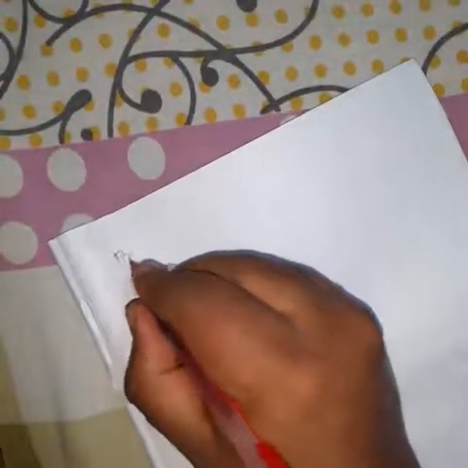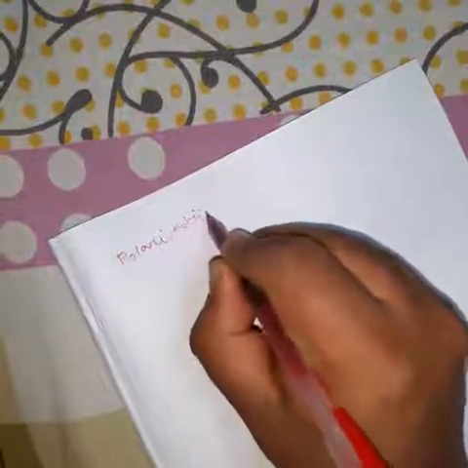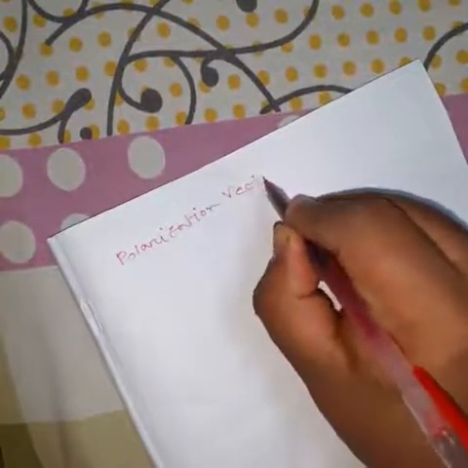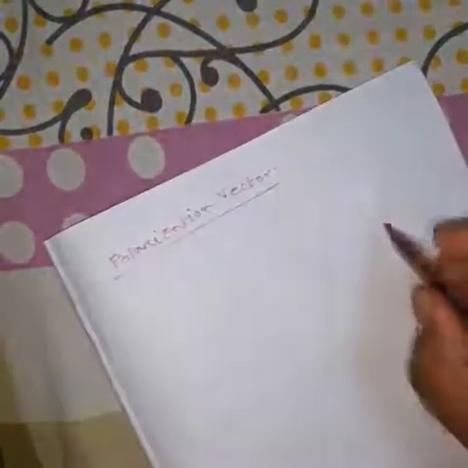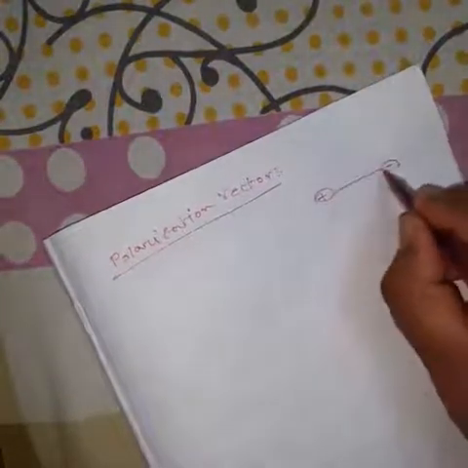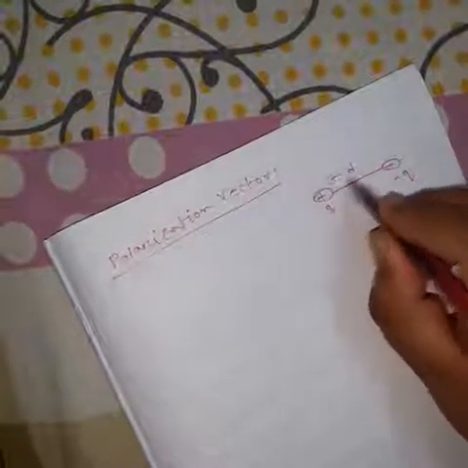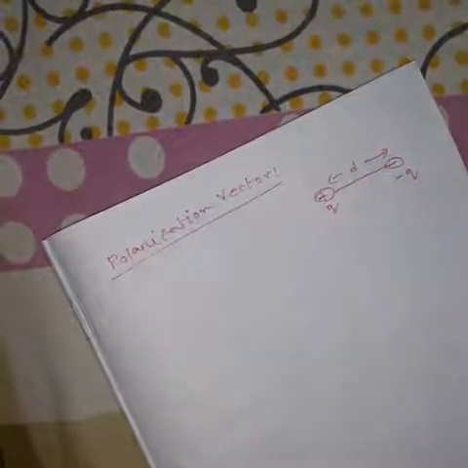For this we have to know something called the polarization vector. If I have a positive charge here and a negative charge there, it is plus q and minus q, and the distance between them is d, where d is very, very small compared to the point where we are measuring.